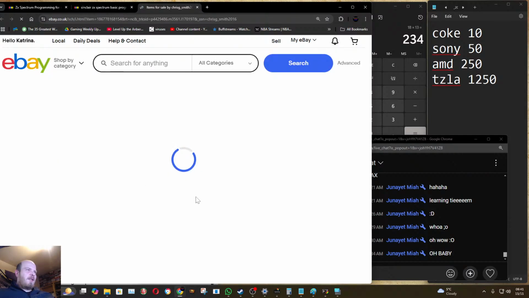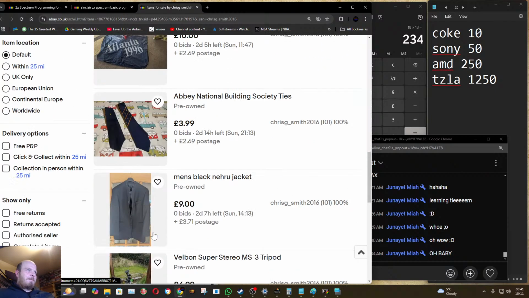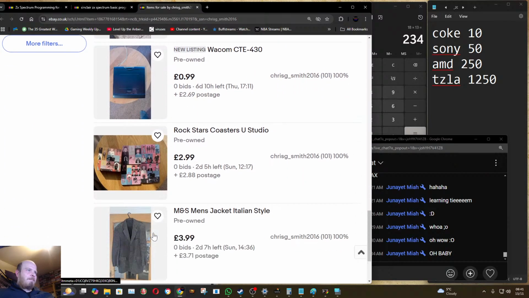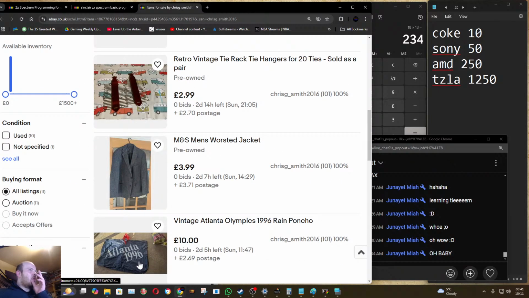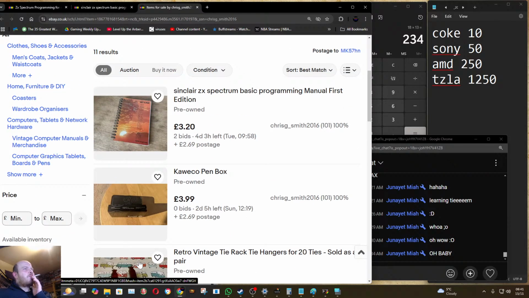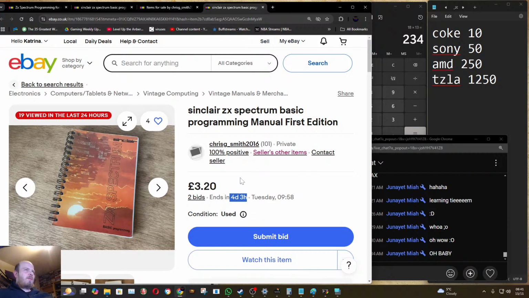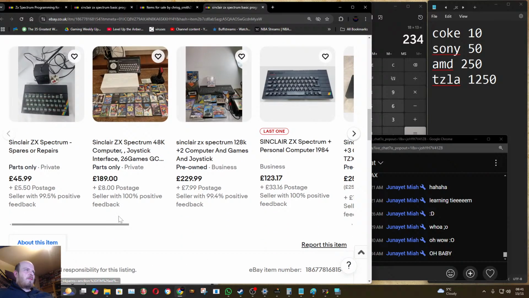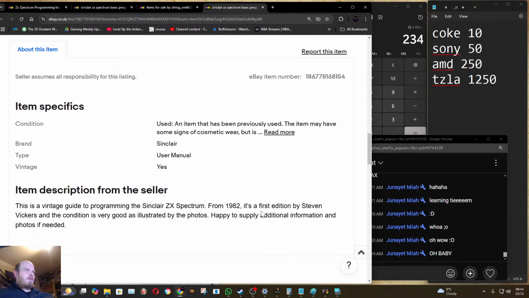What is this other guy's items? Has he got other stuff like that? He's got old guy's clothes. Ends in 4 days, 3 hours. From 1982.